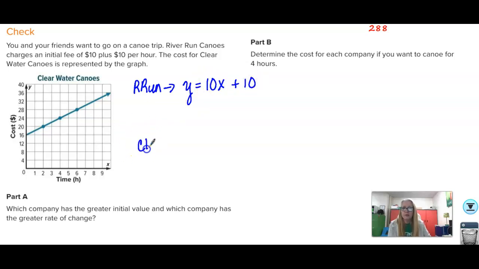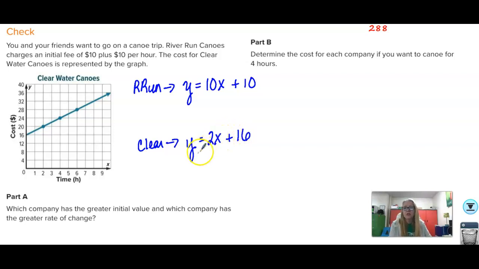Then we have Clearwater. Their rate of change: we go up 4, right 2. So that's $4 every 2 hours. They're charging $2 per hour, but their initial fee is 16.